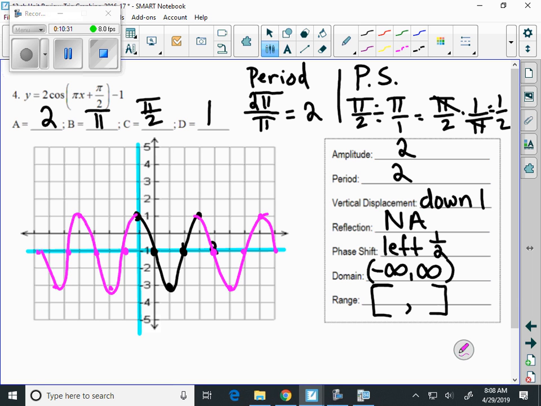So if you wanted to, in terms of your calculator, this is 1, 2, 3, 4. You could go from -4 to +4 and check your graph on the calculator. We went from -3 to +1. Our low point on the graph is there and our high point is at 1.